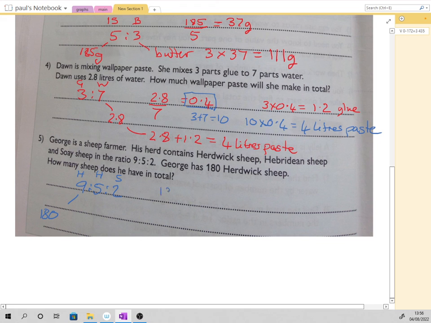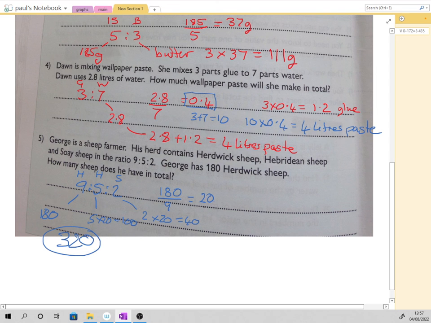So if we do the 180 Herdwick sheep divided by the 9 parts of the ratio, that will mean that there are 20 sheep per part of the ratio. Now altogether, we could work out all the individual ones. So we've got 180 Herdwick, and Hebridean is 5 times 20, which equals 100, and Soay is 2 times 20, which equals 40, and then we add 180, 100 and 40 together, which will give us 320 altogether.